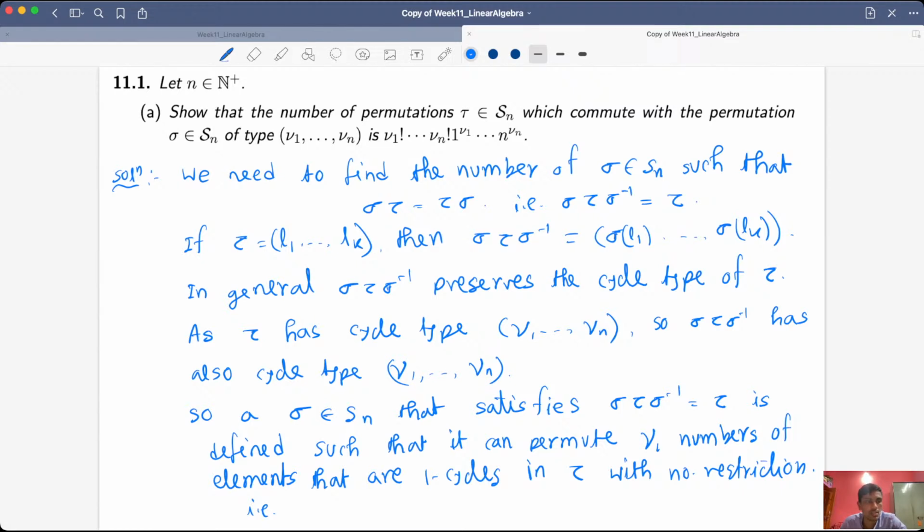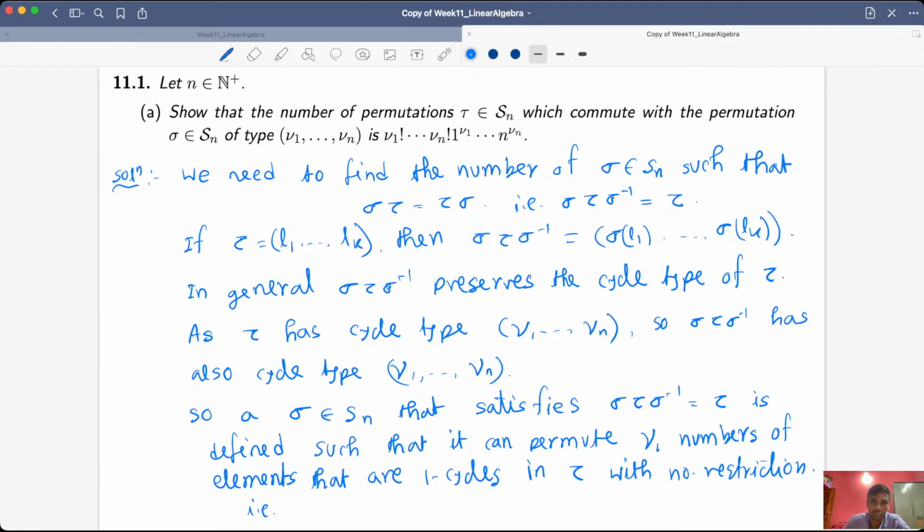So for each such transposition you can define it in two ways. That's why you get 2 power nu 2, and also this nu 2 factorial comes, because there are nu 2 number of transpositions, so you can permute between the transpositions also.